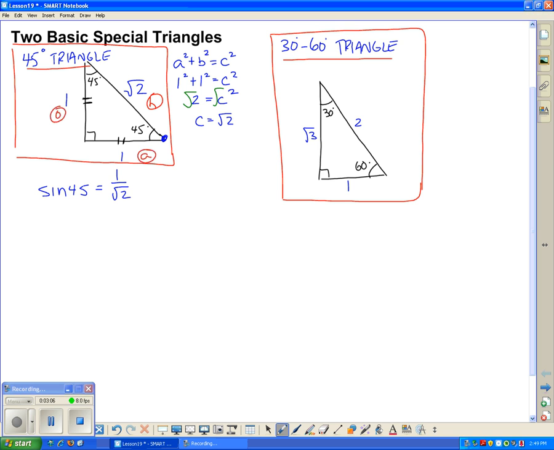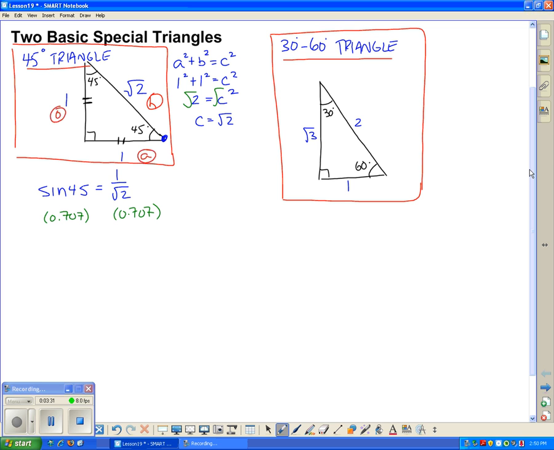If you punch sine of 45 in, so I'm going to do that just for the first one. So sine of 45 is 0.707. And if you punch in 1 divided by root 2, you also get 0.707. So they're just triangles that work out in such a way that the fraction's even.